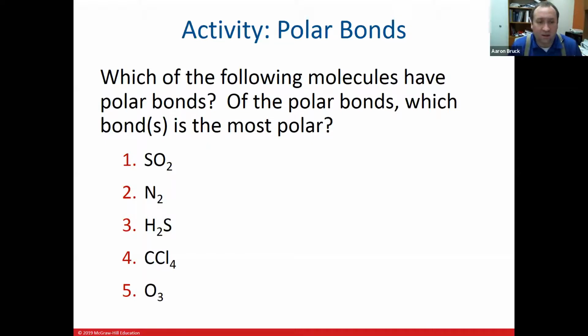The way to do this is to look at the electronegativity scale. In sulfur dioxide, I have a sulfur to oxygen bond. What I need to look for is the electronegativity of sulfur and the electronegativity of oxygen.